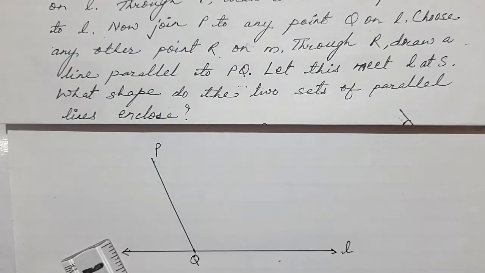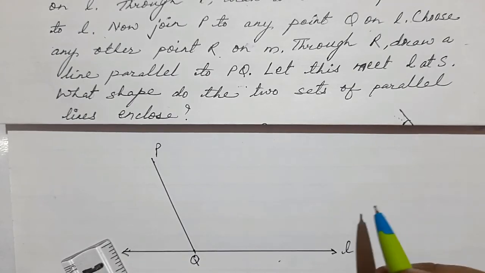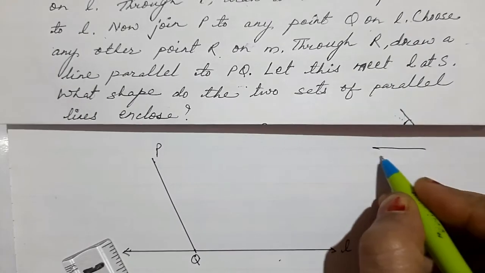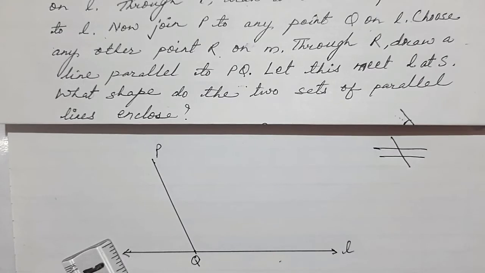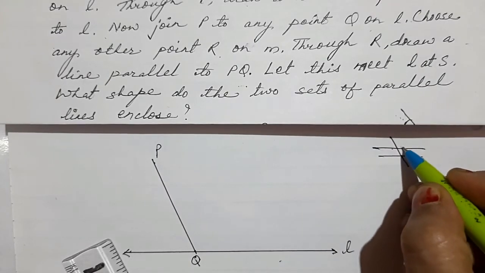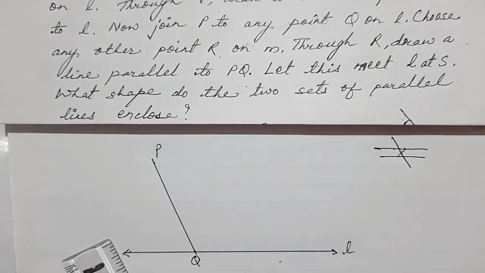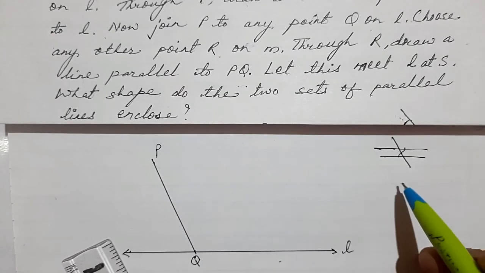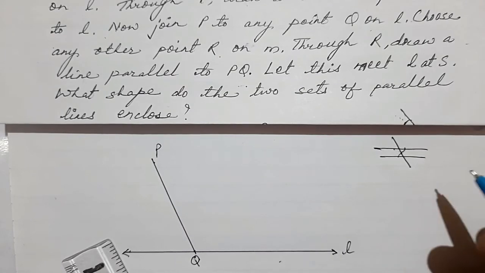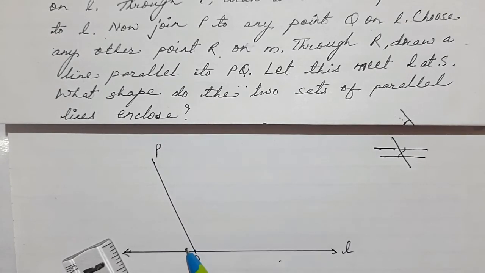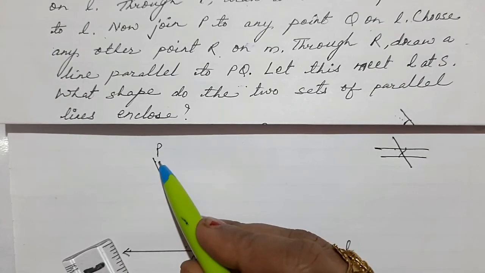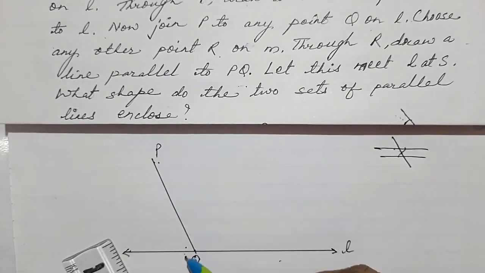Now this is my transversal, and remember the first question, what we did. If the two lines are parallel, the alternate angles are equal. And if the alternate angles are equal, then the two lines are parallel. So if I make one angle here and one angle here, if two alternate angles are equal, the lines will be parallel.